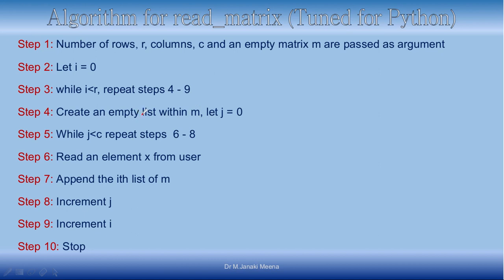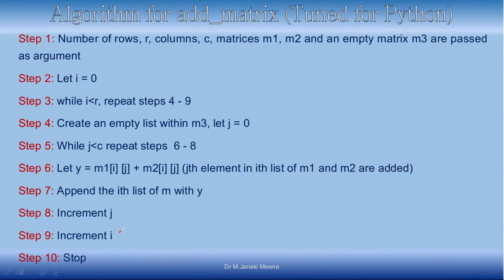So within m, we have to create an empty list, and we have to also initialize j equal to 0. While j is less than c, we are going to repeat the steps. First one is you will read the element x from the user and append it to the ith list of m. Okay, you will add the x element whatever you have read into the ith list of m, and you will increment j and increment i. This is the procedure for reading the matrix.